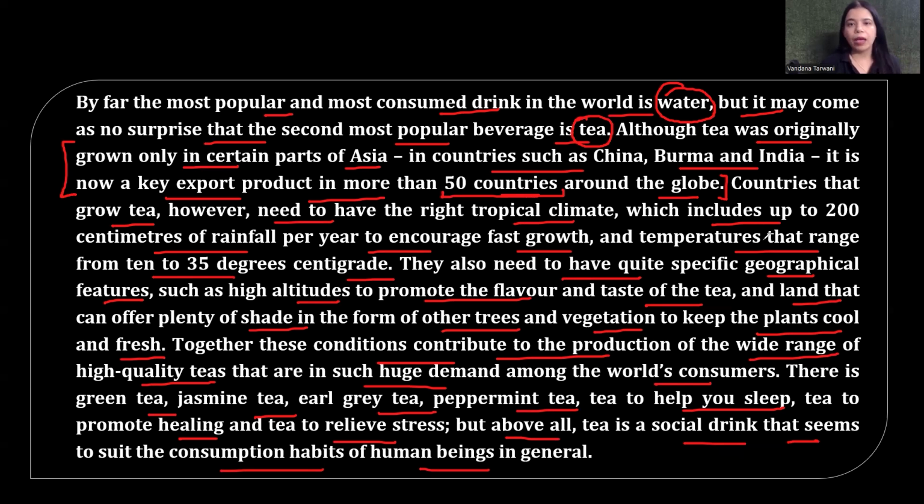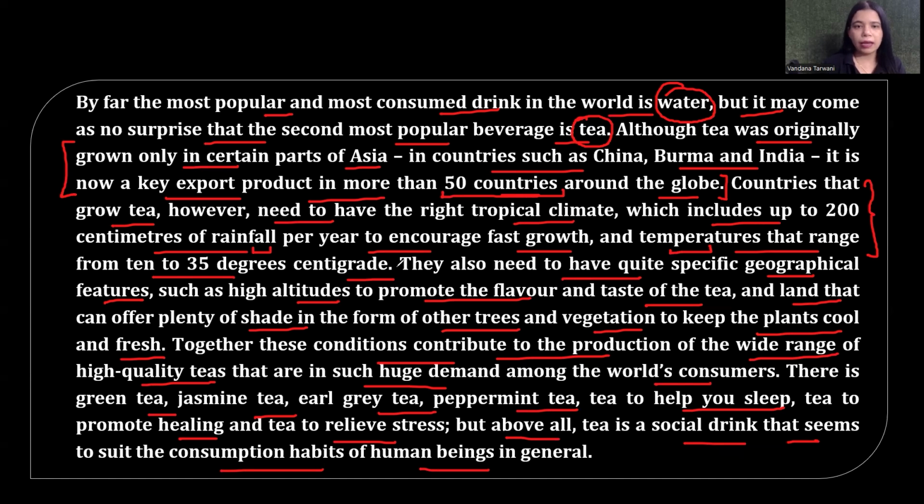After this sentence, this text talks about the suitable climate that is needed, rainfall, temperature, all that.